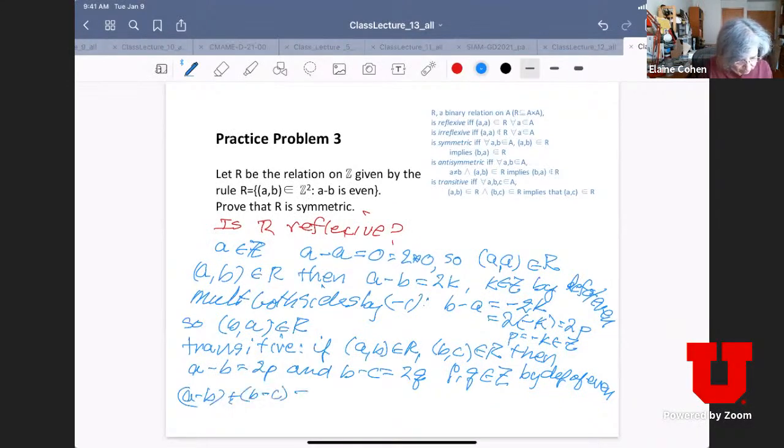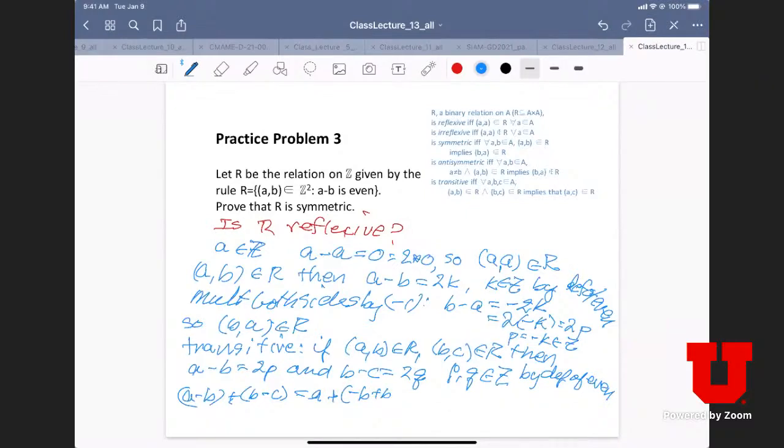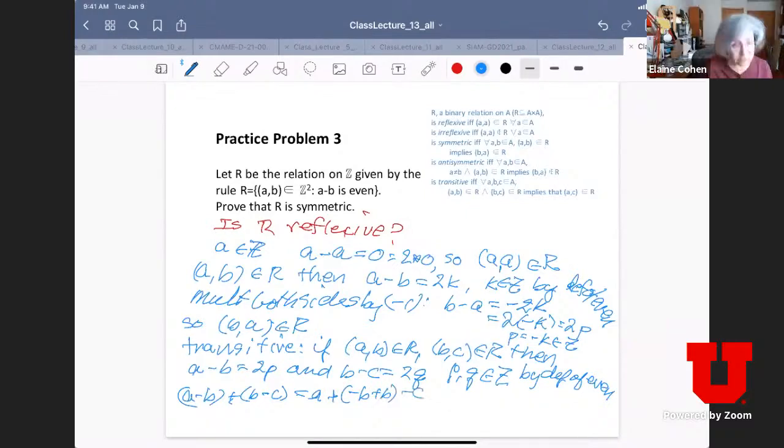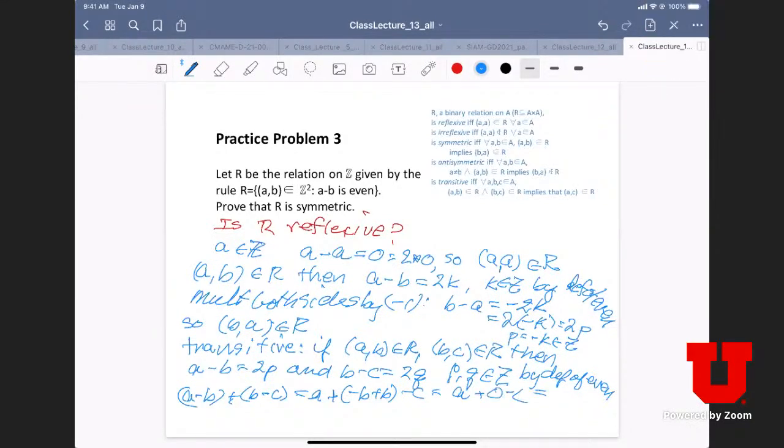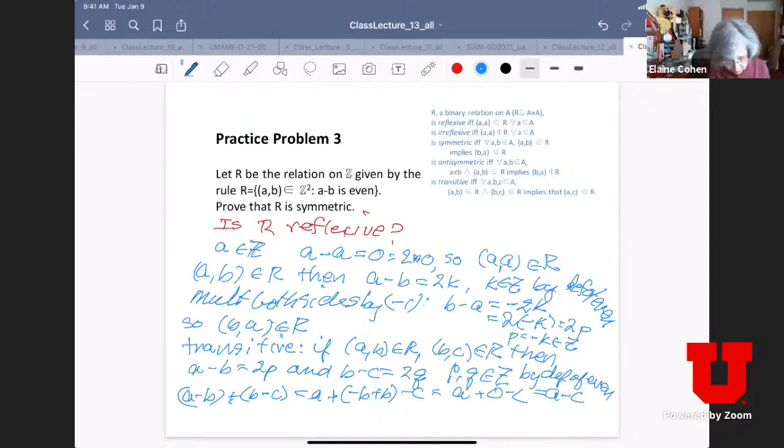What's that equal to? Well, if I do standard arithmetic, that's A plus minus B plus B minus C. That's it by associative, which is equal to A plus 0 minus C, which is equal to A minus C. This next one is inverse. The second one, getting rid of it, is identity.